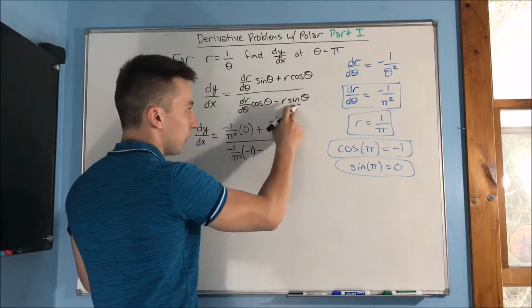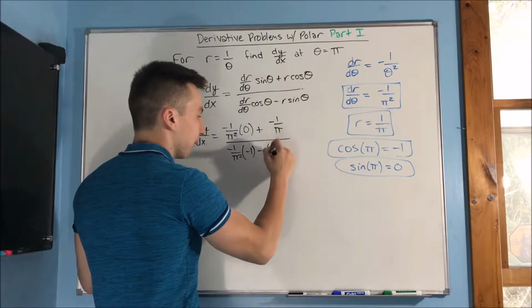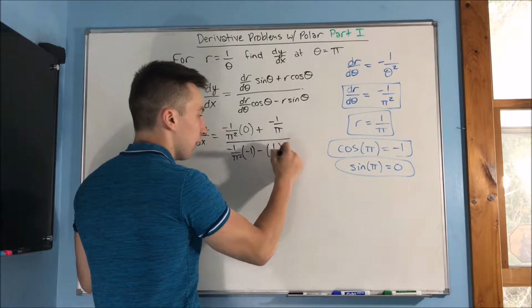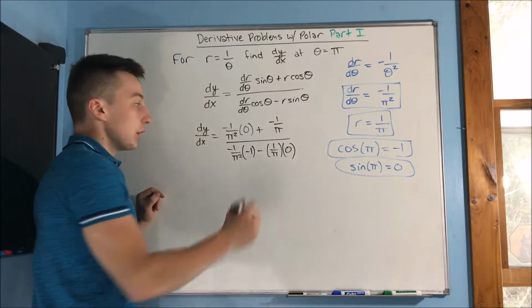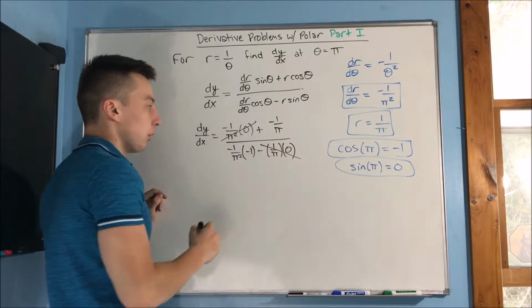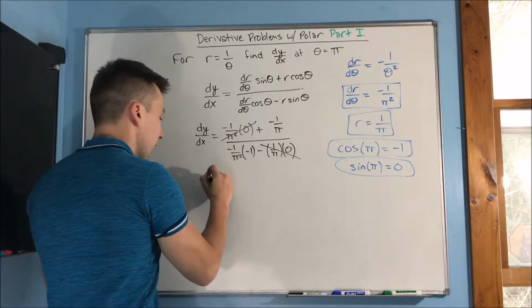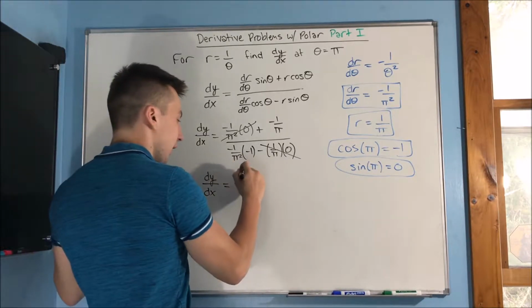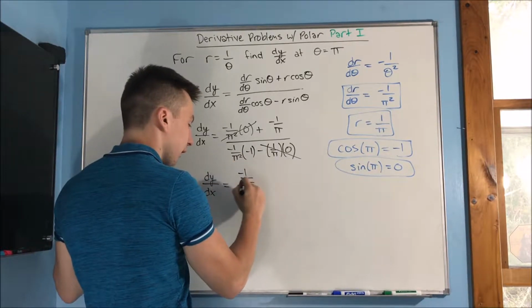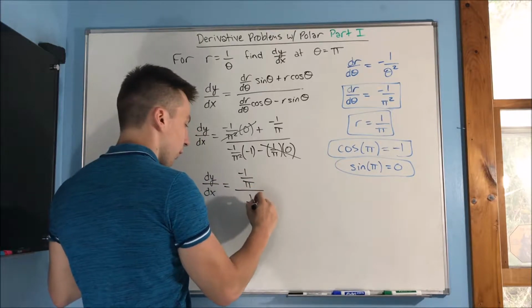And then we have minus r, which is 1 over pi, and sine of theta, which will be 0. So this term will go away, this term will go away, and we're left with dy dx equaling negative 1 over pi over 1 over pi squared.